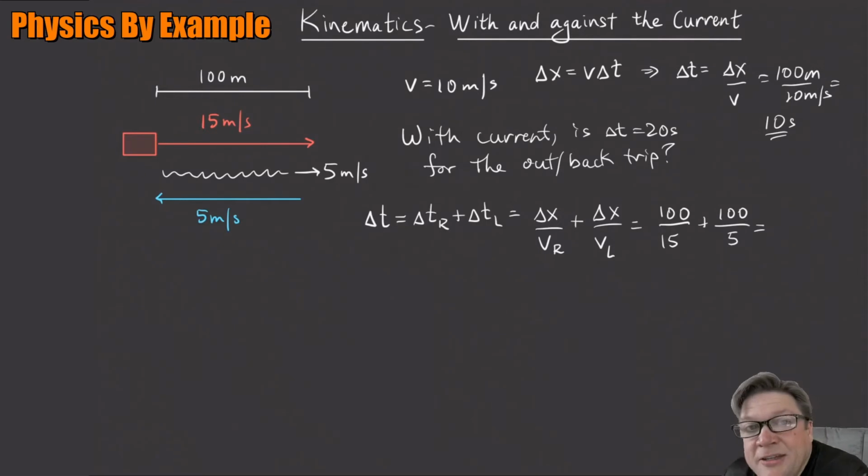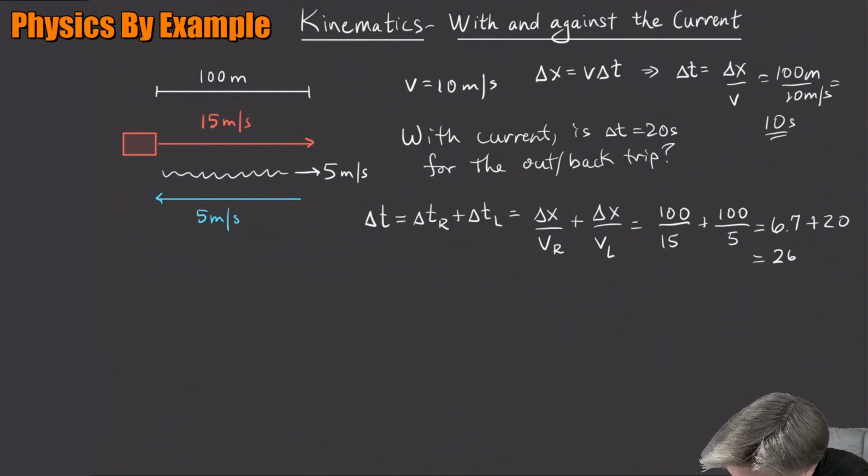So if you put these numbers in, 100 divided by 15 is about 6.7, plus 20, that's about 26.7 for the round trip. That's longer than you would think, naively, if you didn't think the current made any difference. So 26.7 is the time for the entire trip, maybe a little bit longer than you think.